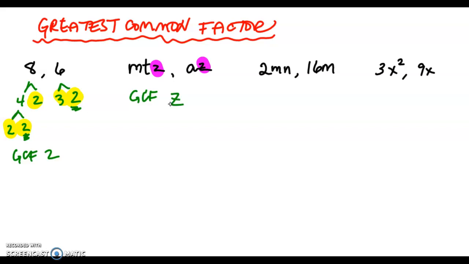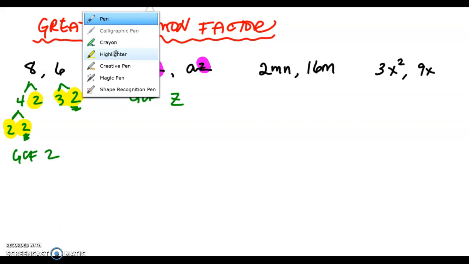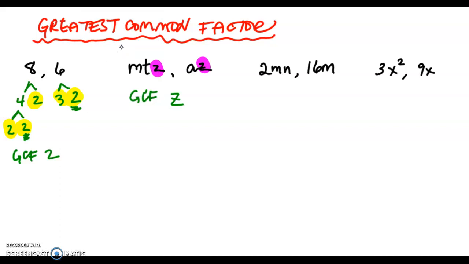Let's look at the third example here. Now we see numbers and variables in this, and we can see right off the bat that the variables they have in common are an M. Okay, 1M. And what about numbers? What's the greatest common factor with the coefficient of each of these terms?